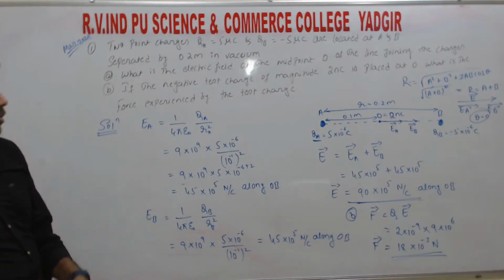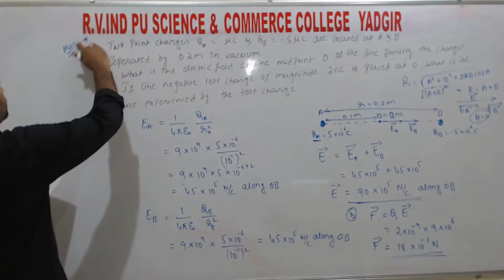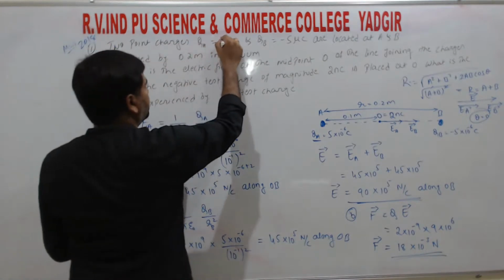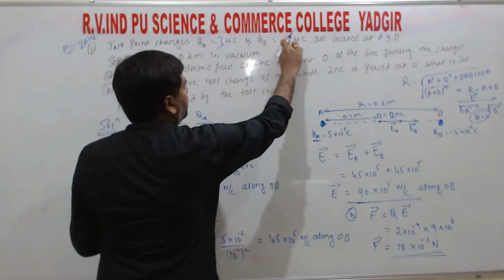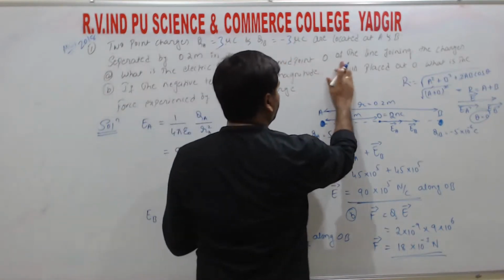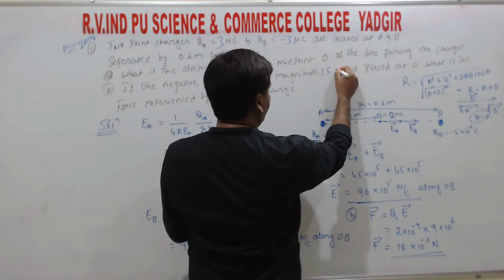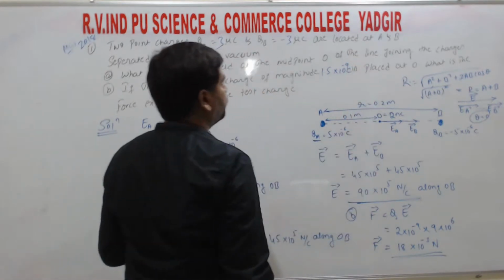Take one problem as homework. This one was also repeated in 2018, the same problem. Here they have given 3 microcoulomb, here minus 3 microcoulomb, and a charge of magnitude 1.5 into 10 to the power of minus 9 coulomb.